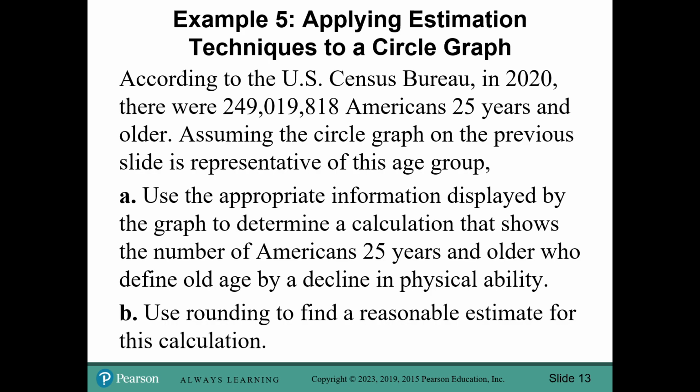Assuming the circle graph on the previous slide is representative of this age group, we want to A, use the appropriate information displayed by the graph to determine a calculation that shows the number of Americans 25 years and older who define old age by a decline in physical ability. And then in part B, we're going to use rounding to find a reasonable estimate for this calculation. Okay?